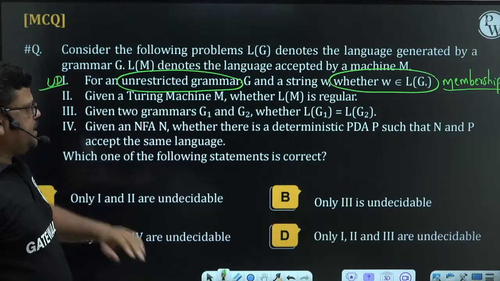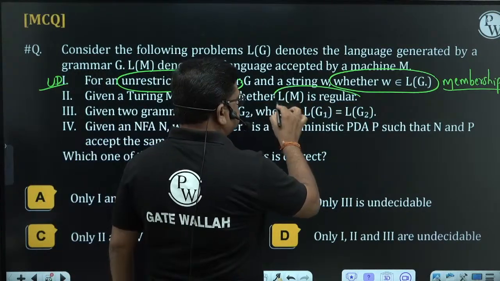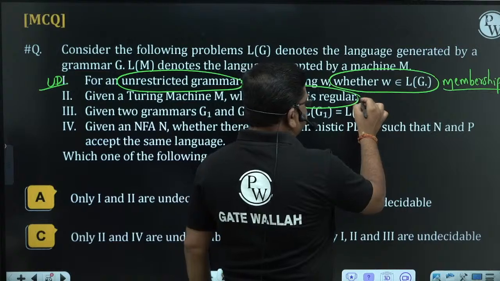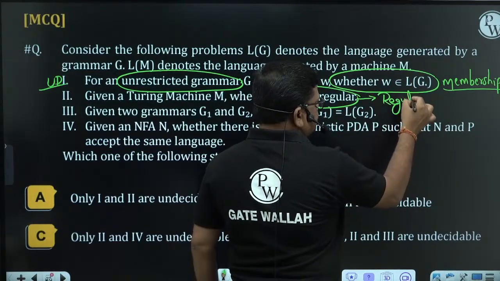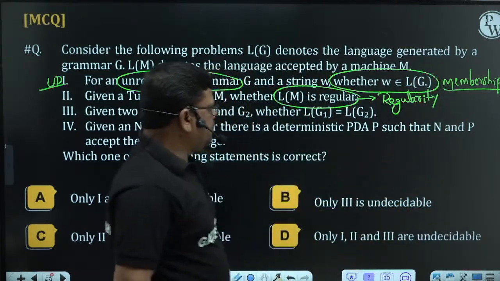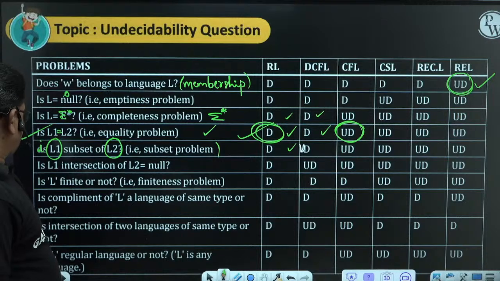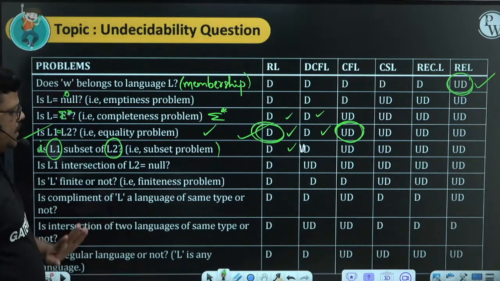Given a Turing machine M, whether L of M is regular. This is called the regularity problem. This is also there in the table. Regularity. So last one, is L a regular language or not?